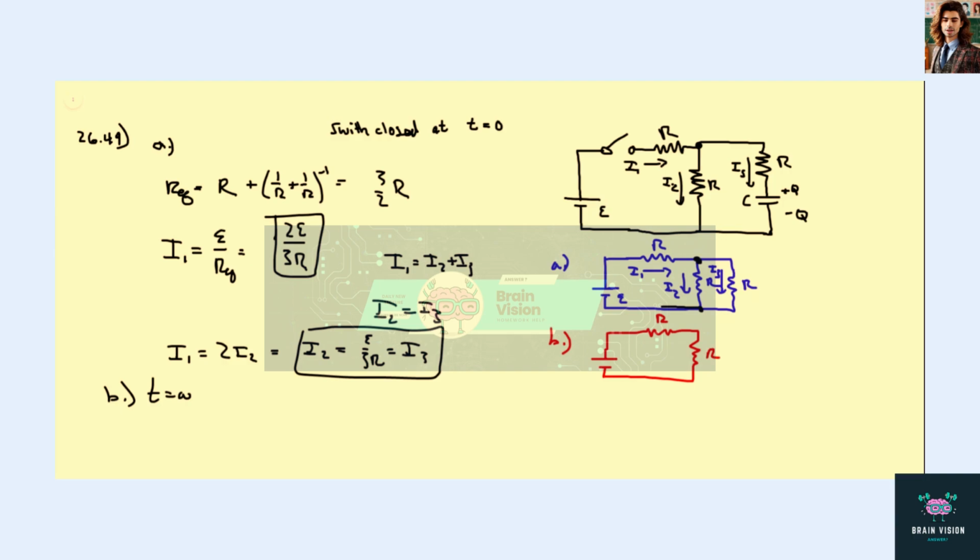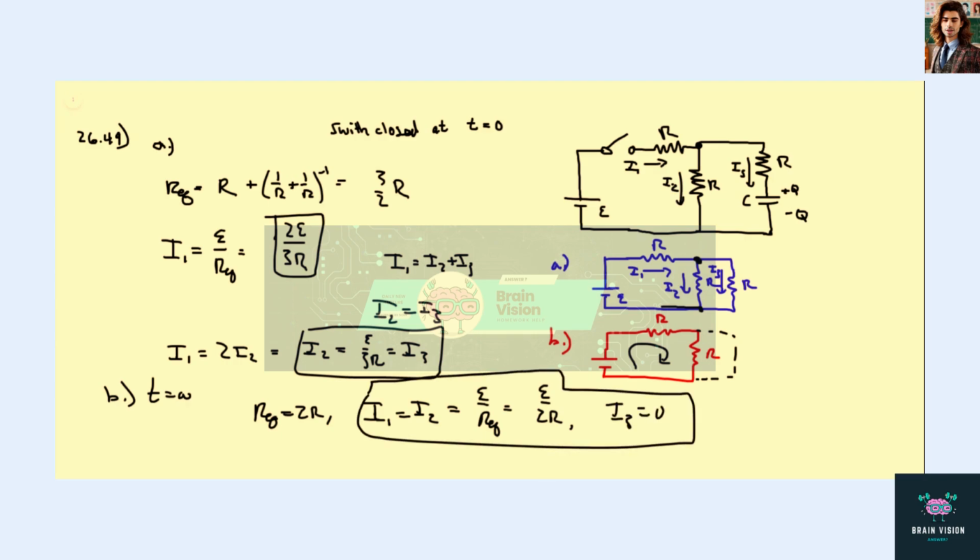From this, we can see that REQ is just 2R. Now I1 equals I2 because we just have one loop here, nothing else. This equals EMF over REQ, or EMF over 2R. And since there's no current going through this other part, I3 equals 0.